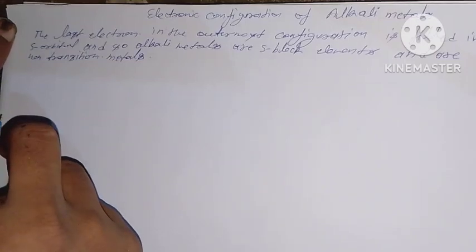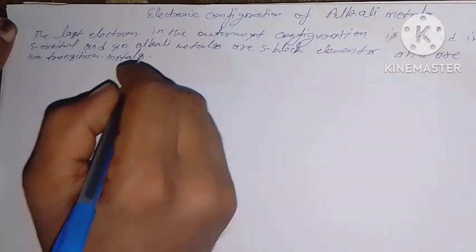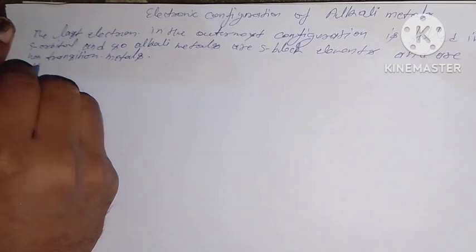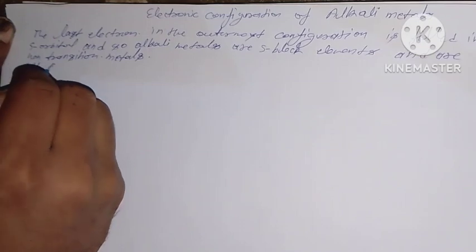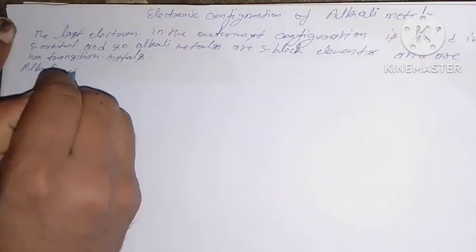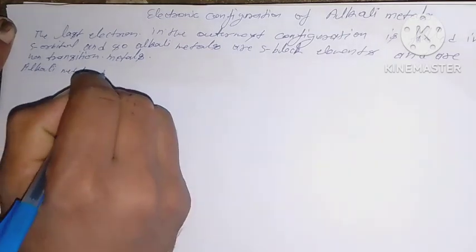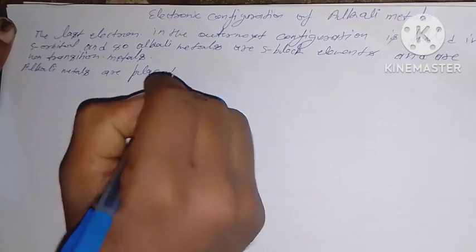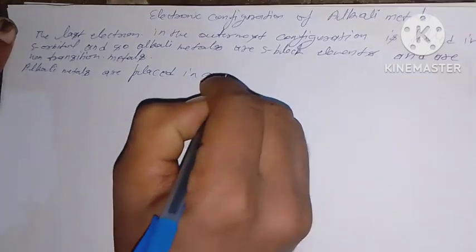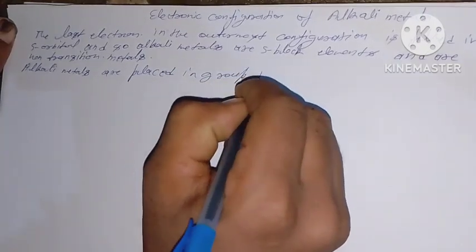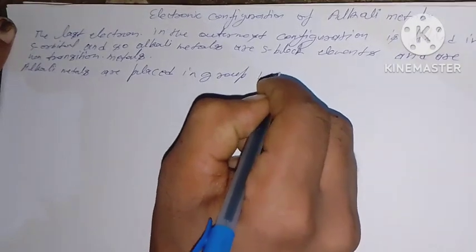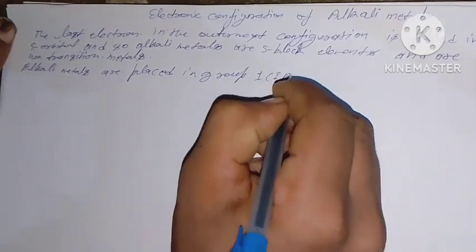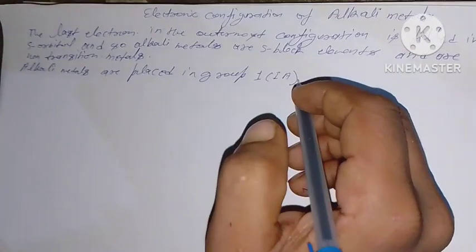Alkali metals are placed in group 1A of the periodic table.